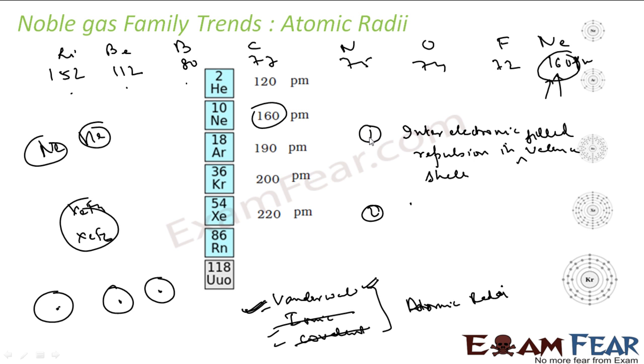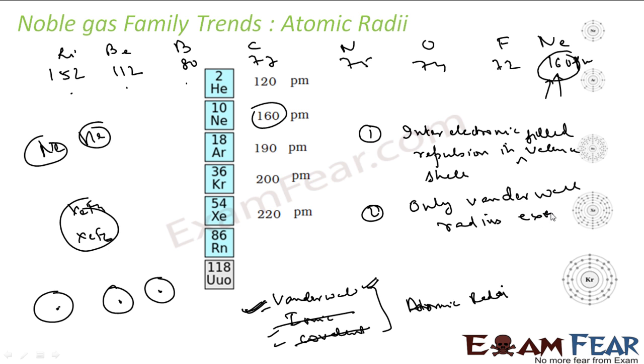Now for the noble gas family, I have only one kind of radius, that is van der Waals radius, and they are bigger. So even if you take the average of these, you get a bigger value, right? So the next possible reason why the atomic radius for the noble gas family is more is because only van der Waals radius exists.